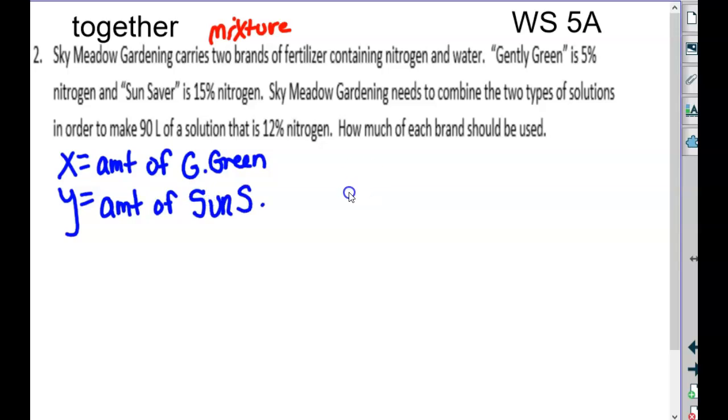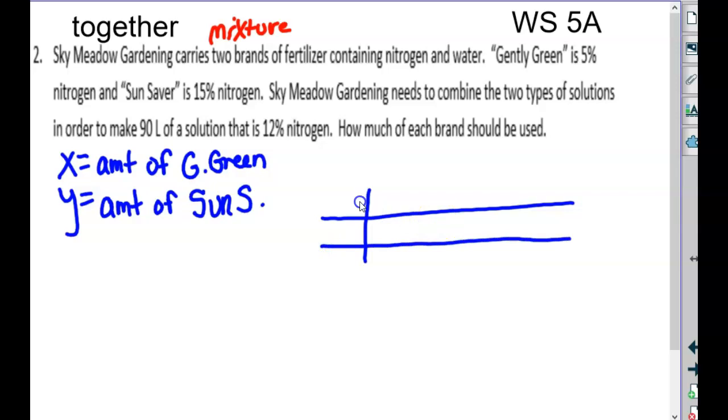Now, if you did these maybe in Algebra 1 even, I don't know. You may... oh my goodness, that's the worst table I've ever drawn. Let me try to undo that.